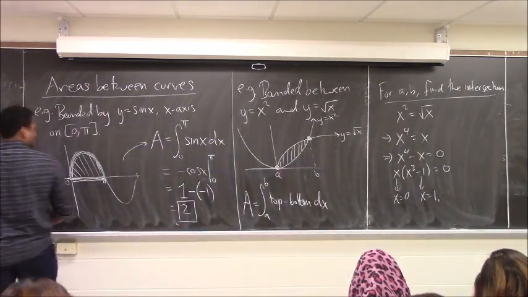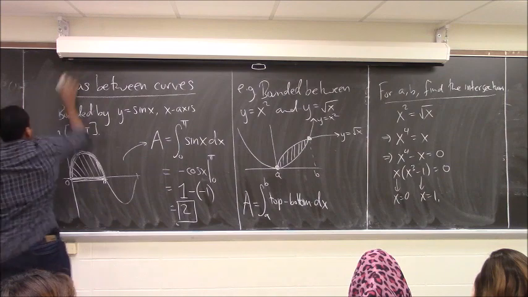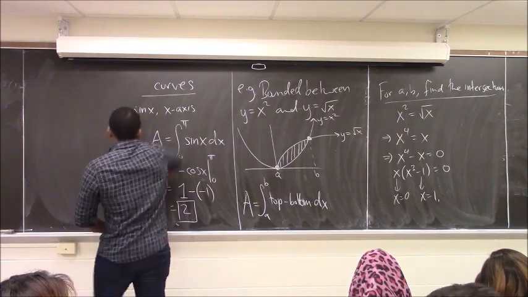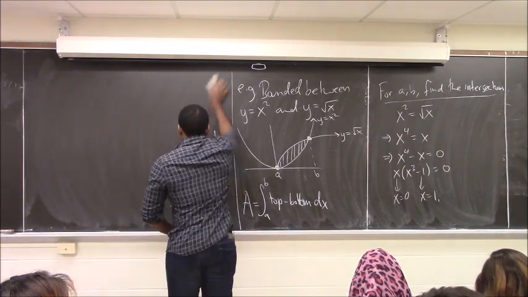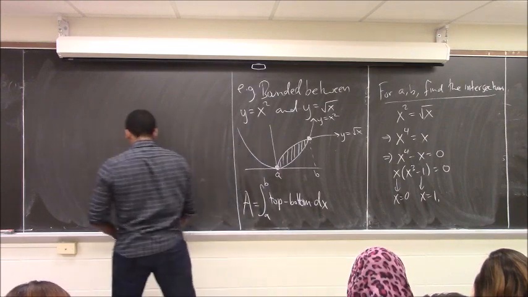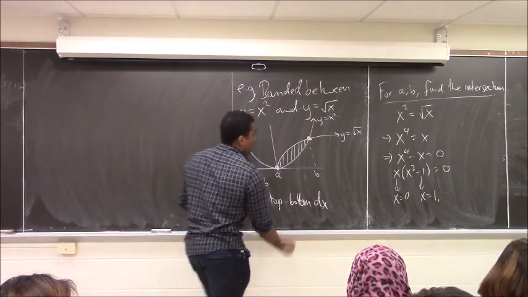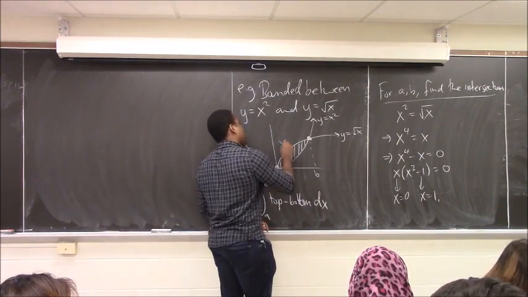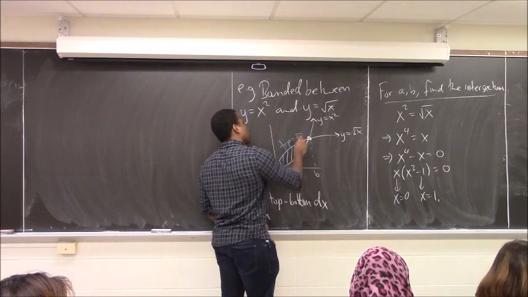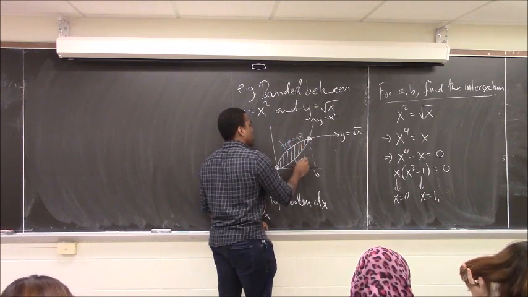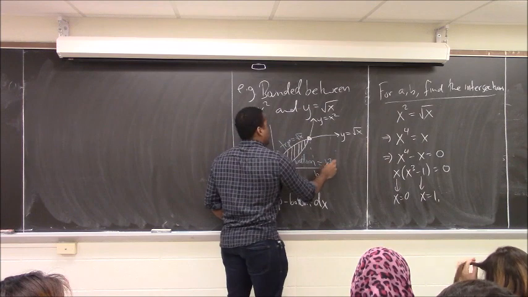So 0 and 1 are the bounds for our integral. And you would also notice that the top is the square root function and the bottom is the x squared function.